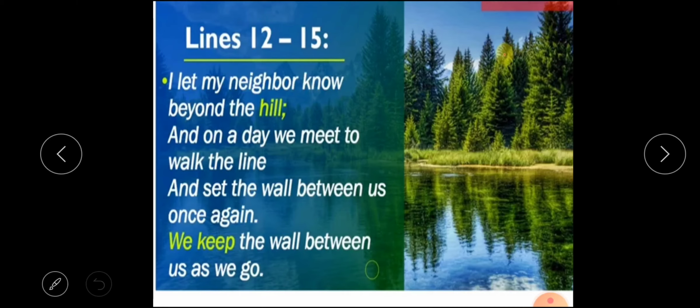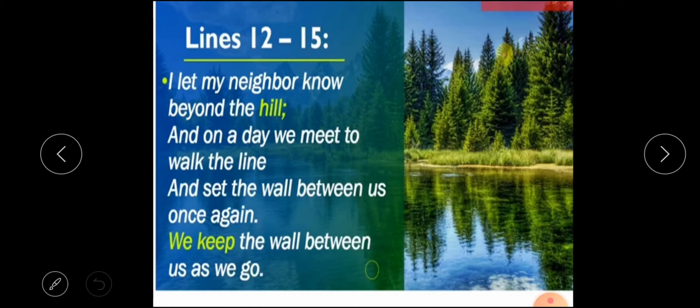Because it is not only his duty to repair that, because it is dividing the two properties, both the narrator's, meaning the poet's, and his neighbor's. So both of them have to work, right? So they do that together, and one day they meet to go through the whole mending business, as they do every year, right?